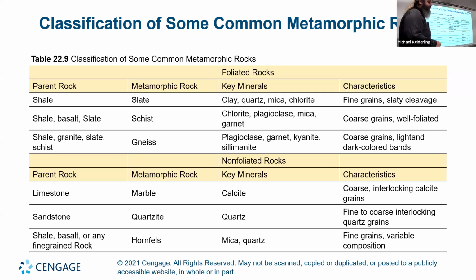It has coarse grains and is well foliated. Shale, granite, slate, and schist can turn into gneiss, which has plagioclase, garnet, kyanite, and sillimanite. It has coarse grains and light and dark colored bands. So that's the banded rock we have.